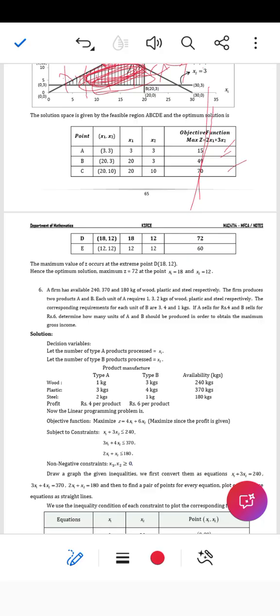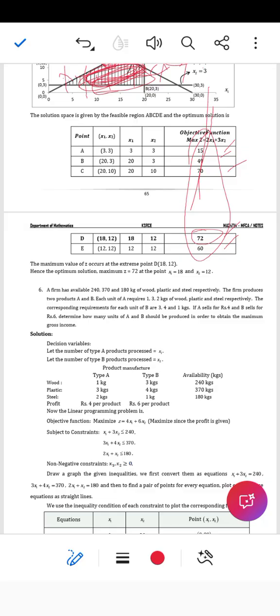Finally, let us find the value of z using these points one by one. At point A we get z equal to 15, at point B we get z equal to 49, at point C we get z equal to 70, at point D we get 72, at point E we get z equal to 60.